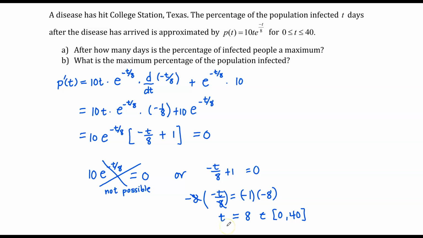So to find the time or the number of days such that the percentage of infected people is a maximum, we need to plug in this value of t here and the endpoints of the interval into the function p of t. Now the time that will give us the highest value is the time that gives the absolute maximum.